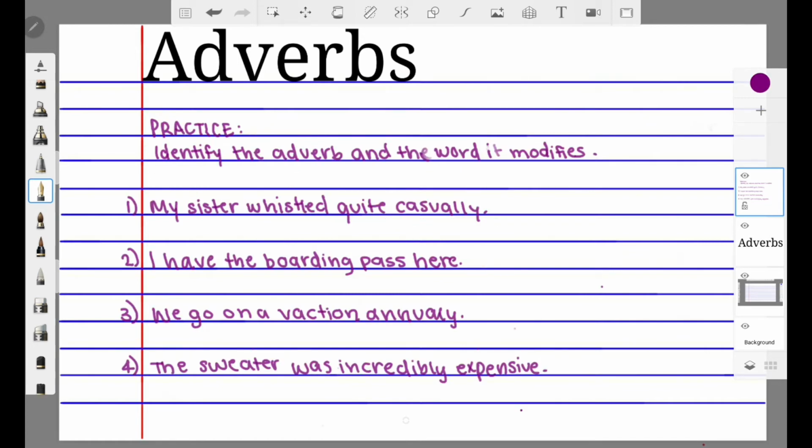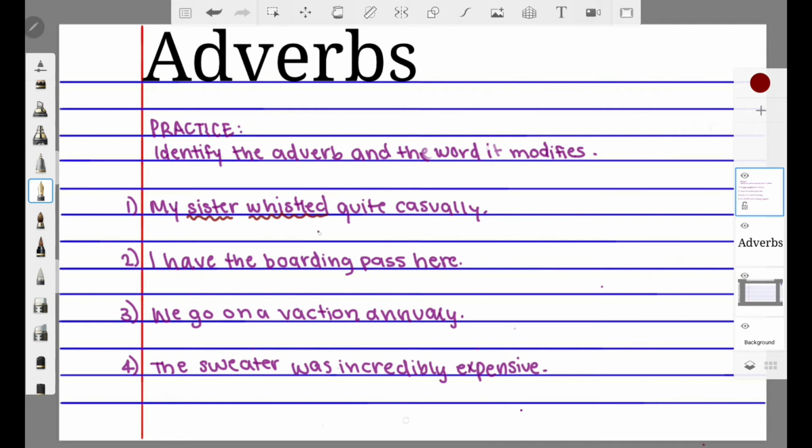Practice: identify the adverb and the word it modifies. Alright, let's get started. The first sentence: "My sister whistled quite casually." So sister is one of our nouns. We can keep going. We have whistled.